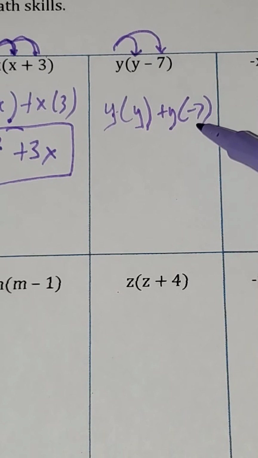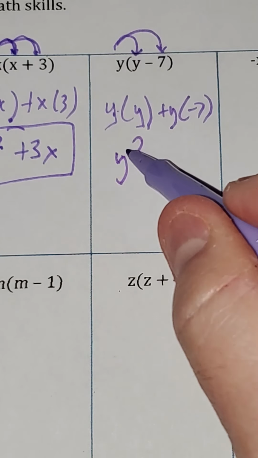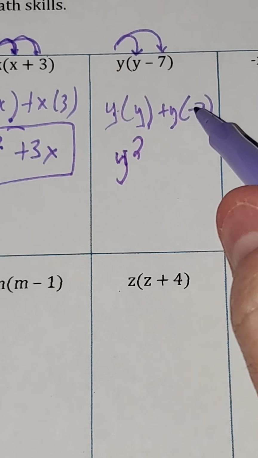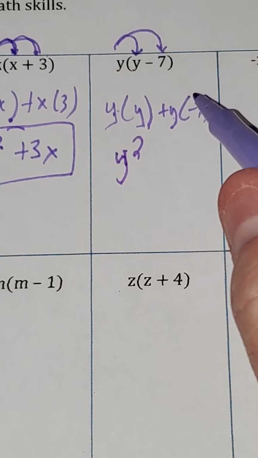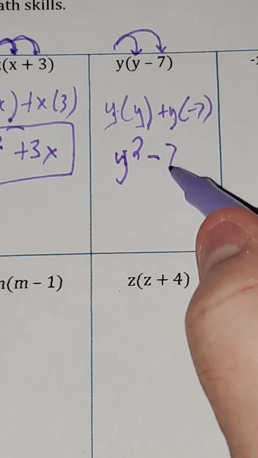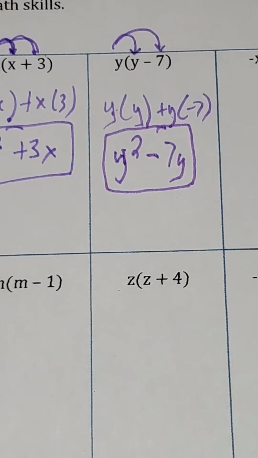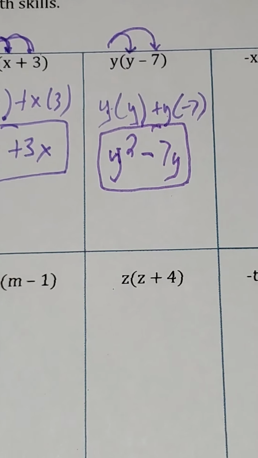Don't lose the negative. It happens a lot in distribution. Y times y, y squared. Y times negative 7. So positive times a negative gives us a negative. And 7 times y is 7y. And we're done.